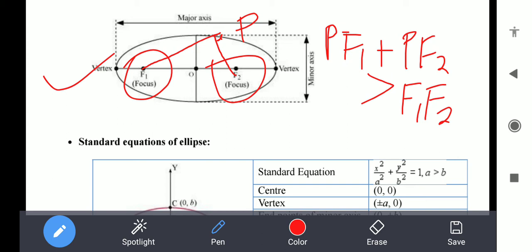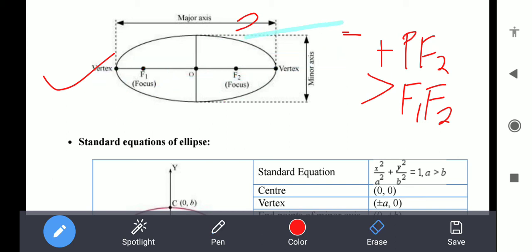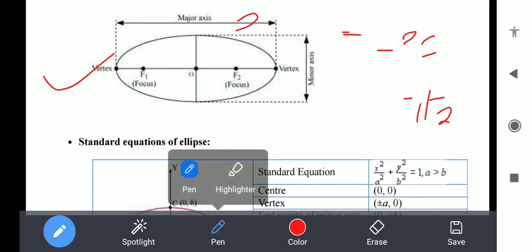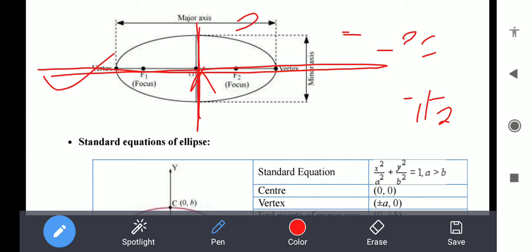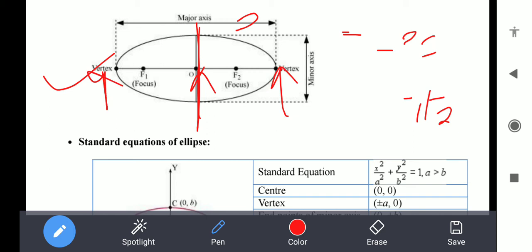The midpoint of the two fixed points is the center of the ellipse. The line which passes through the two fixed points is called the major axis. The line which is perpendicular to the major axis is called the minor axis. Where the ellipse cuts the major axis is the vertex of the ellipse.